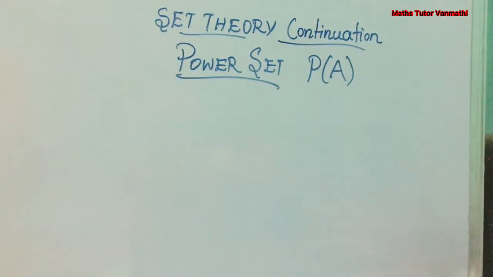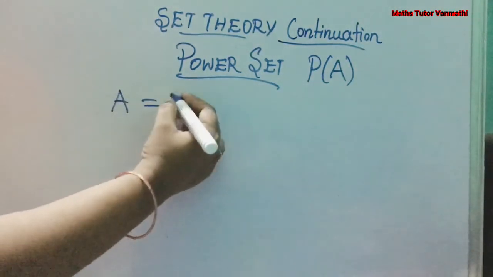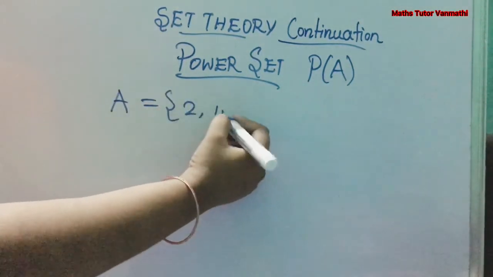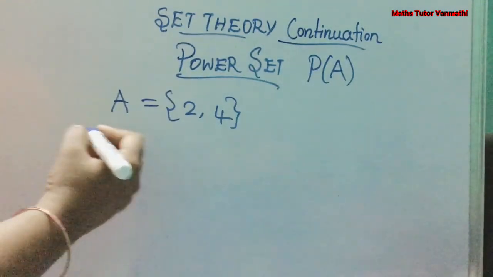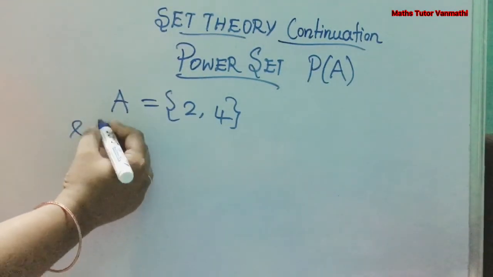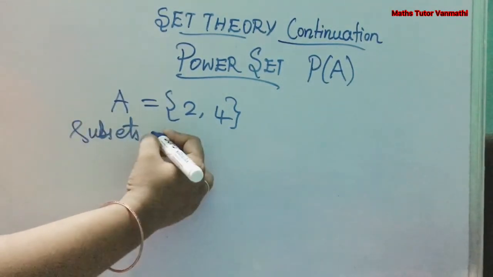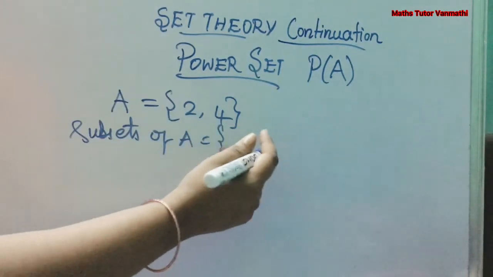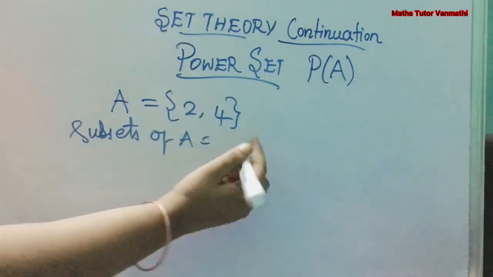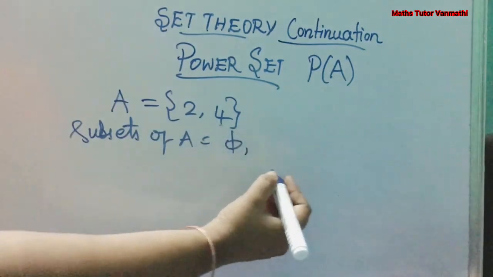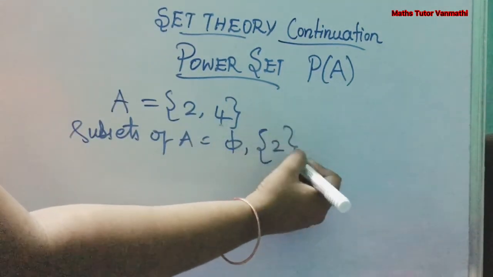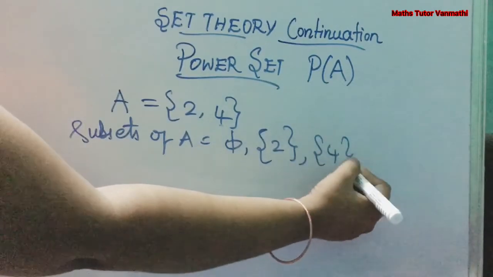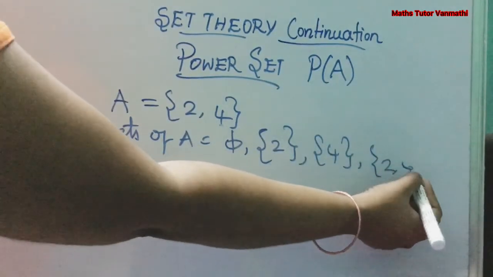I am taking one example, A as {2, 4}. And how can we write the subsets of A? First we have to write the empty set, that is phi, and then {2}, and then {4}, and then {2, 4}.